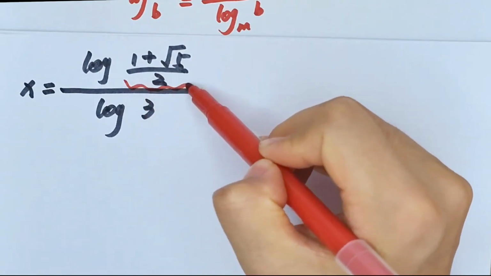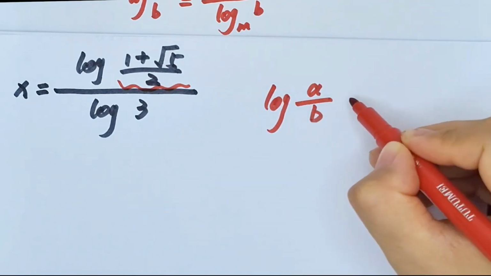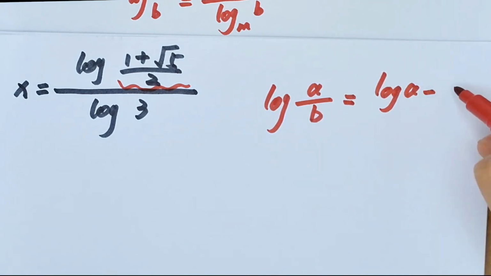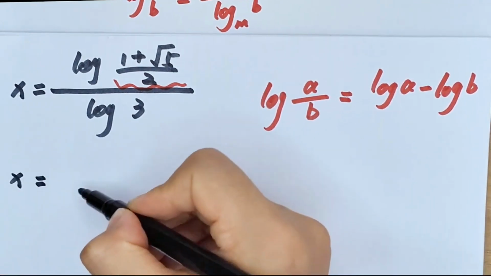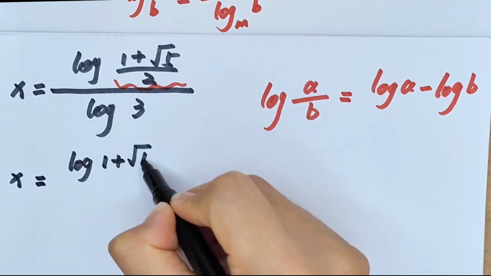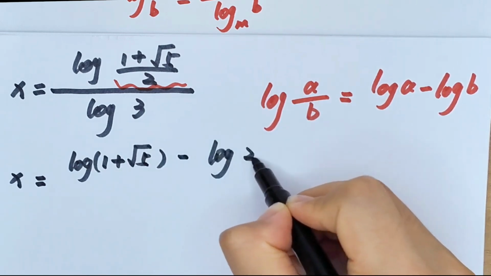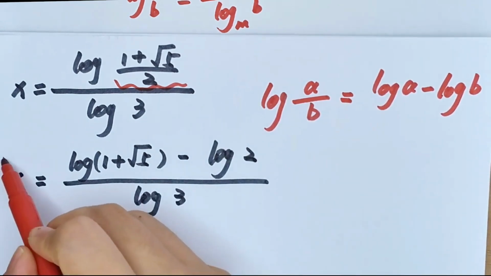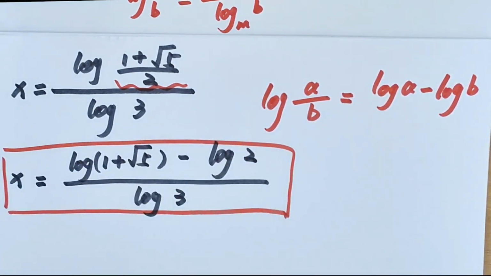And this part, log of a divided by b equals log a minus log b. So x equals log of (1 plus square root of 5) minus log 2, divided by log 3. This is the final answer. Thank you for watching and see you in the next video.